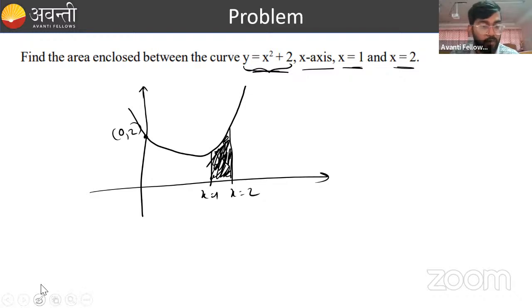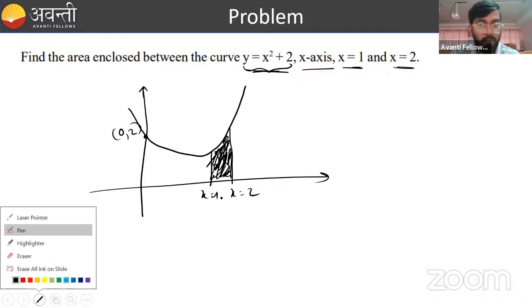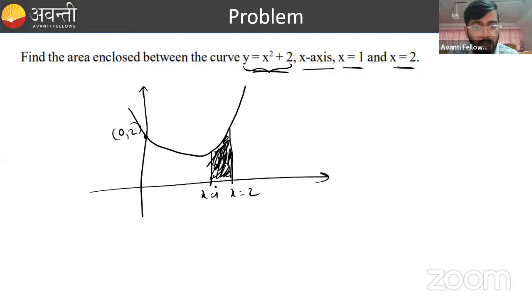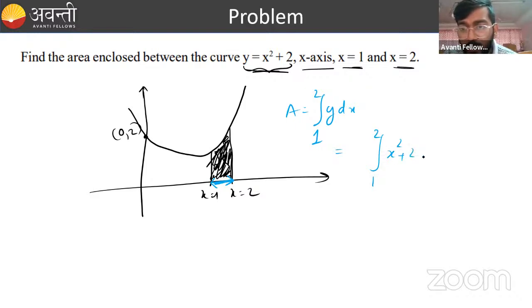To find that area, this is supposed to be found between the curve and the x-axis. So we write integration y dx, with x going from 1 to 2. This is the area. Now y is given in terms of x as x squared plus 2, so it is the integral from 1 to 2 of (x squared plus 2) dx. Now it becomes easier for us.